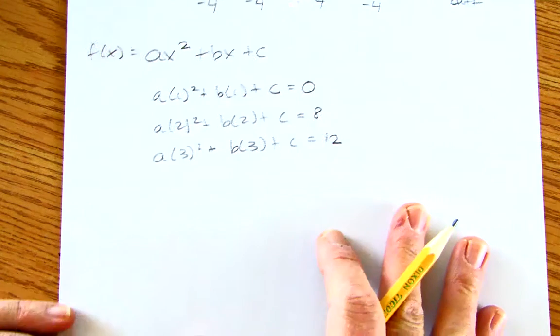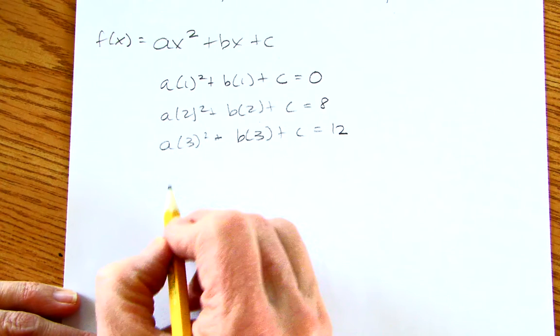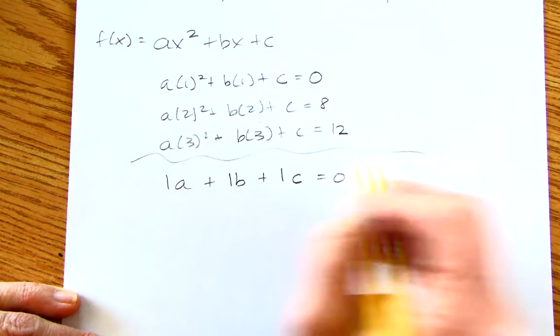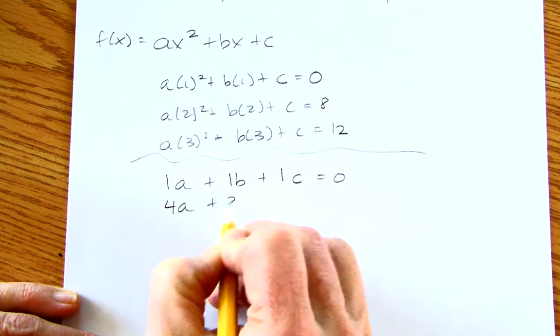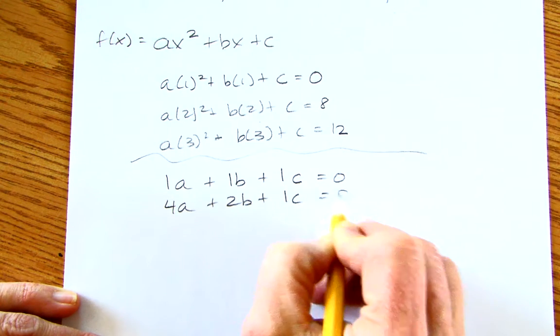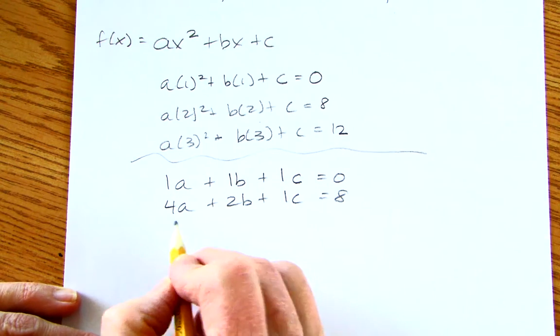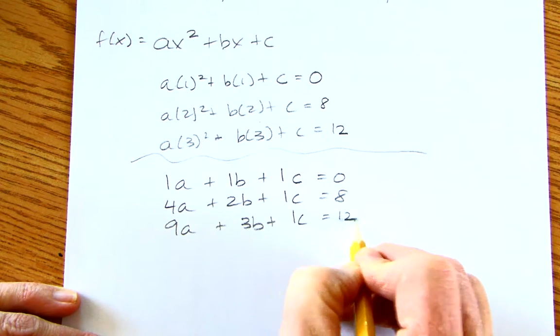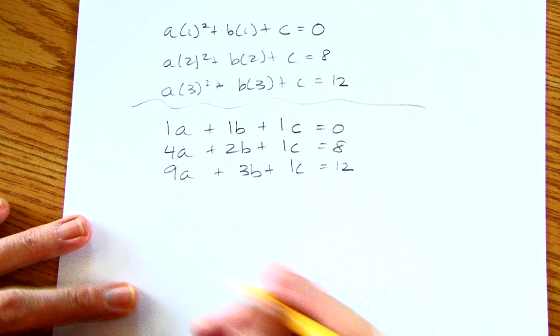We want to use matrices. So this gives me 1a plus 1b plus 1c equals 0. 4a plus 2b plus 1c equals 8. 9a plus 3b plus 1c equals 12.